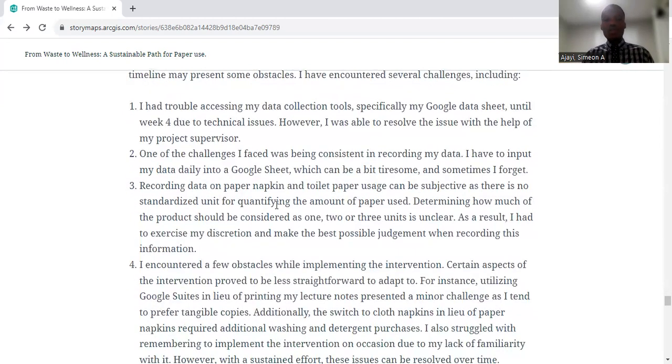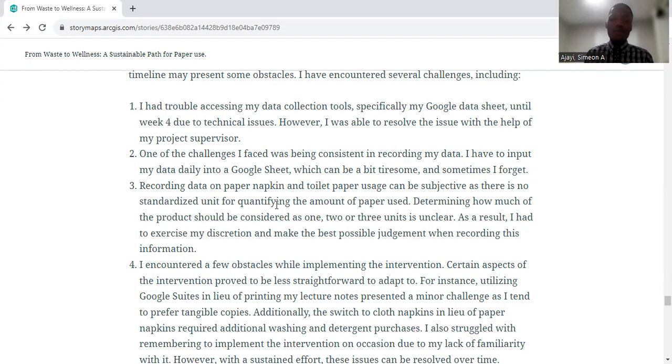Another challenge I faced was being consistent in recording my data. I have to input my data daily into a Google Sheet, which can be a bit tiresome, and at times I forget. And then recording data on paper napkin and toilet paper usage can be subjective, because there's no specific standardized unit for quantifying the amount of paper used.